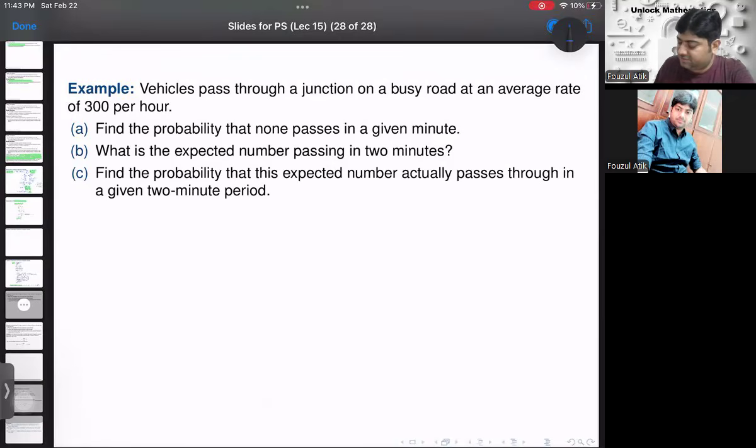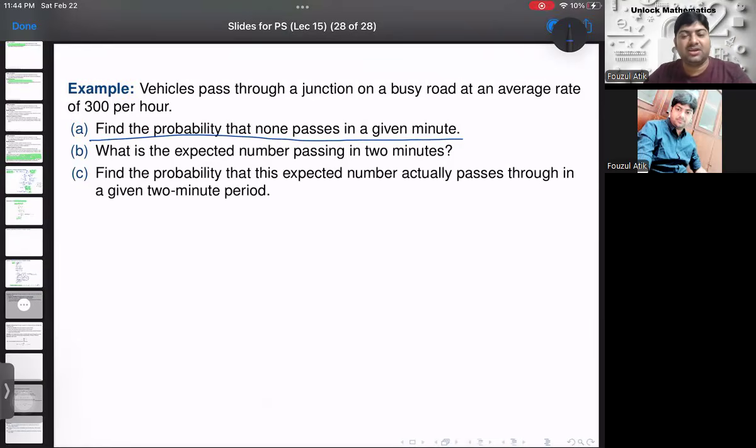Now, the first question is: find the probability that none passes in a given minute. So it basically counts the number of vehicles passing in a given minute, right? In a particular time, the number of vehicles passing may be zero.